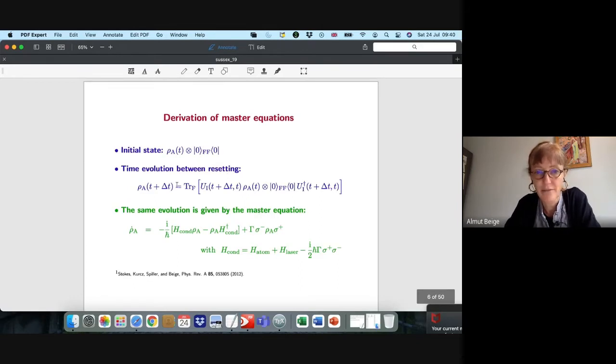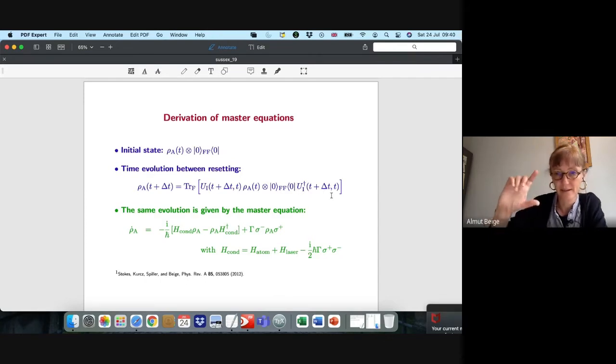So initially what we have is, for example, an atomic density matrix. And because photons get absorbed anyway, we can always assume that our initial state is one where the field is in the vacuum state. And if I then look at the time evolution of this initial state, what I have is an interaction of the atom with the free radiation field.